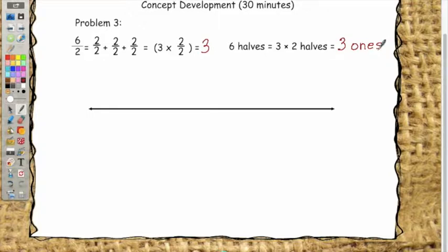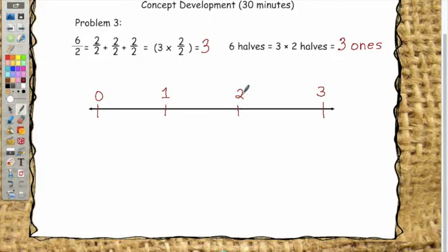Okay, so what is the far right number on my number line this time? 3. Then you have 2. So make sure you put your 1 and 2 on there. So those are your whole numbers. That has nothing to do with the denominator.